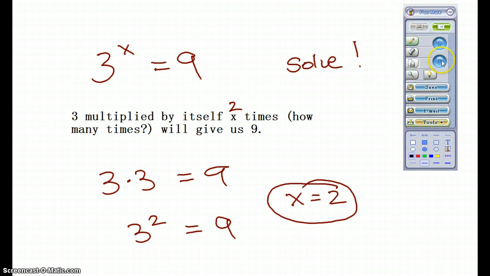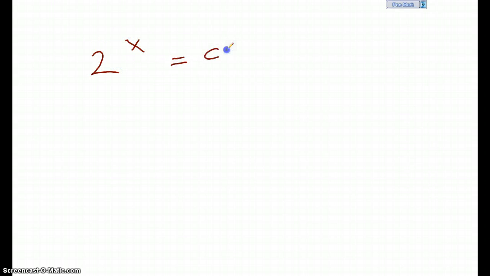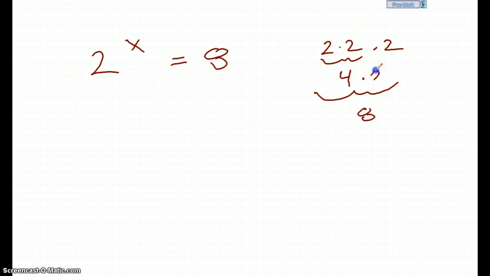Okay, let's look at another example. What if we were to solve 2 to the x equals 8? Same type of setting. I'd have to think about 2 times 2. Well, that only gives me 4. If I multiply that by 2 again, that gives me 8. So how many times did I multiply by 2?